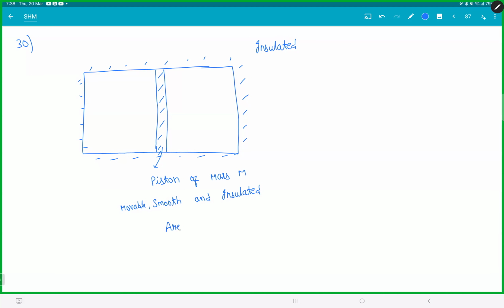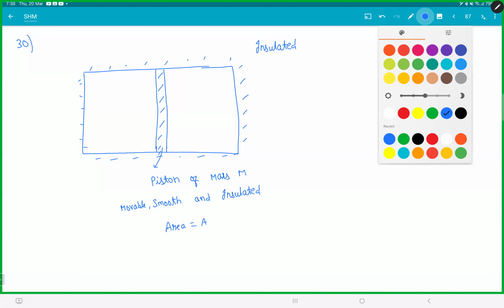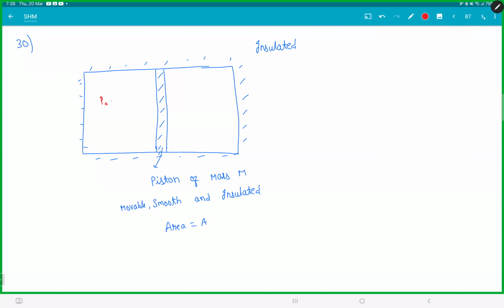Area is A. On the left hand side, the pressure is P naught, volume V naught, temperature is T naught. On the right hand side also, P naught, V naught, temperature T naught. Here we have helium gas, here we have hydrogen gas.